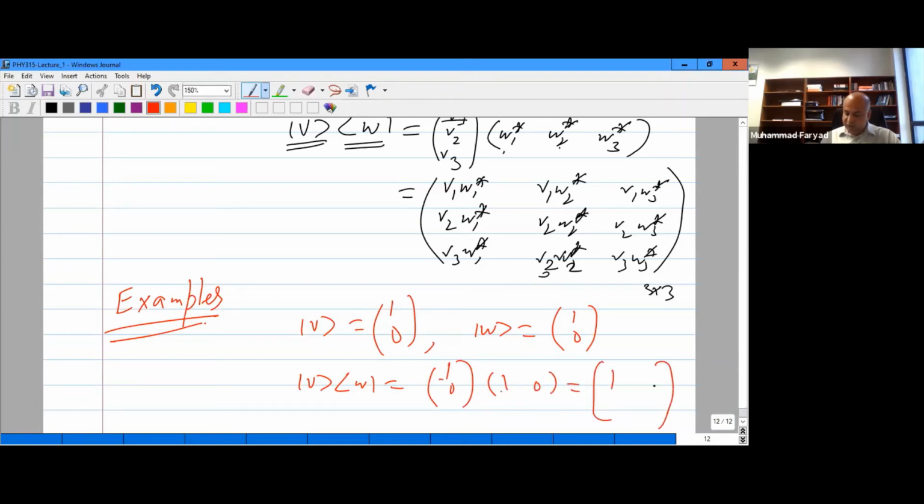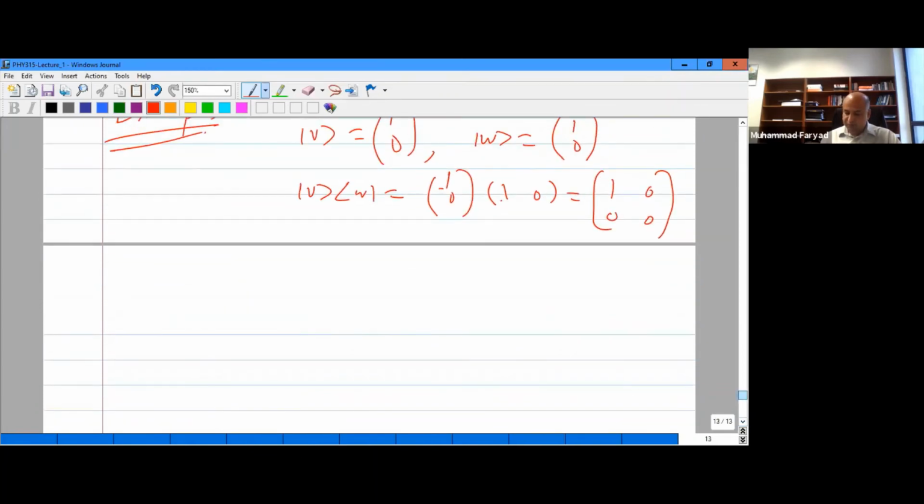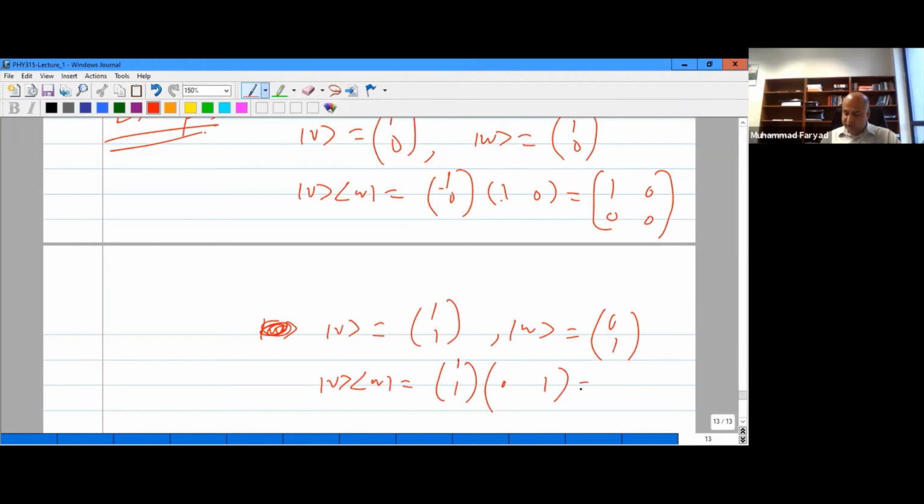So 1 into 1 is 1, and all three others are 0. And similarly, let's say we have v as 1, 1 and w as 0, 1. Then v w is 1, 1 times 0, 1. So 1 into 0 is 0, 1, 0, 1, and so on.